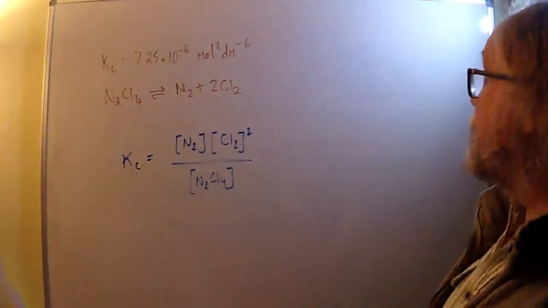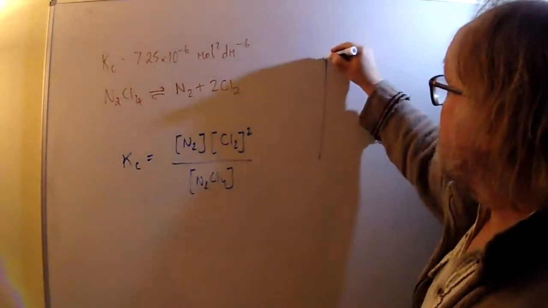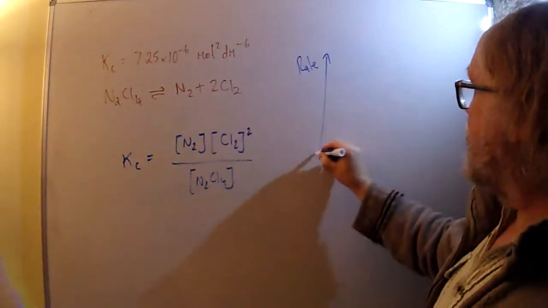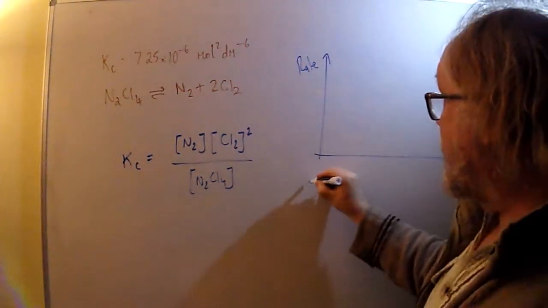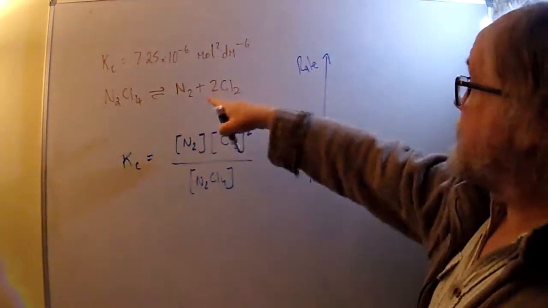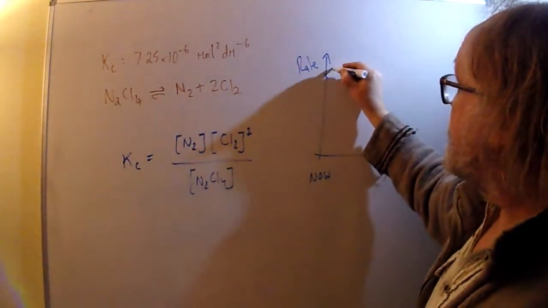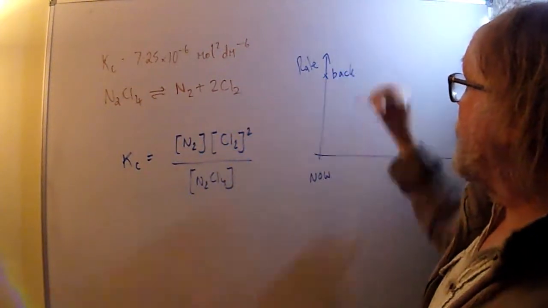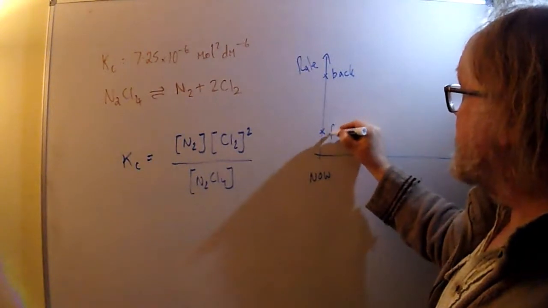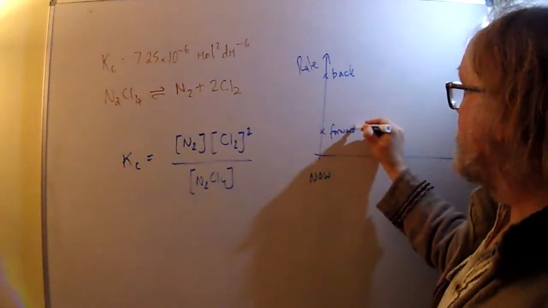So if we imagine this on a graph, which is the easiest way to visualize these things, if we plot the rates like this, then at the starting point where we are now, we've got too much of the stuff on the right, so the backward rate is higher than it will be at equilibrium, and the forward rate is lower than it would be at equilibrium.